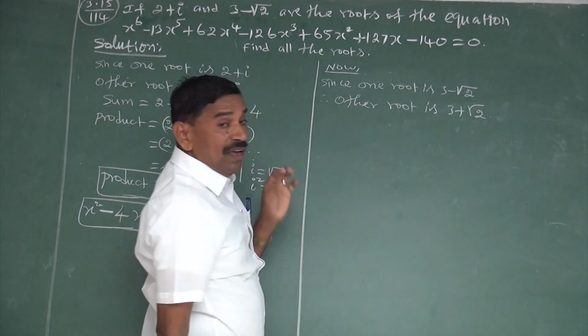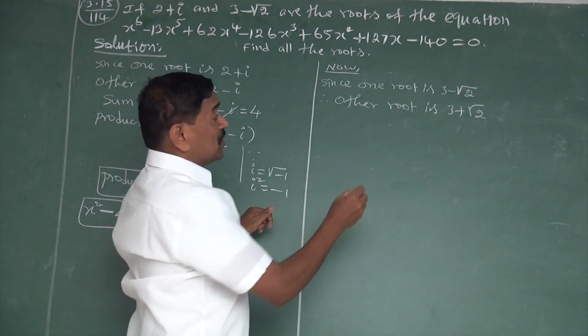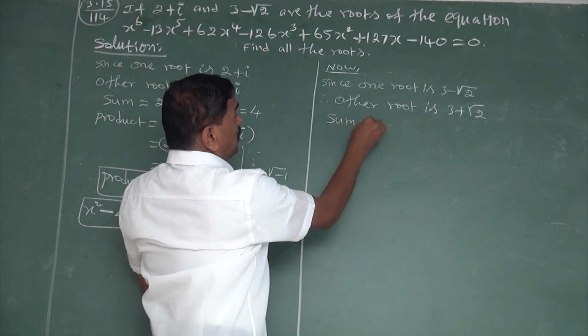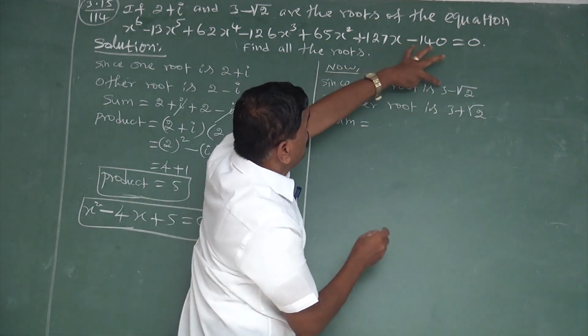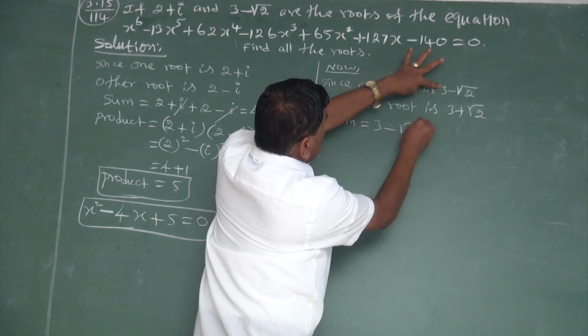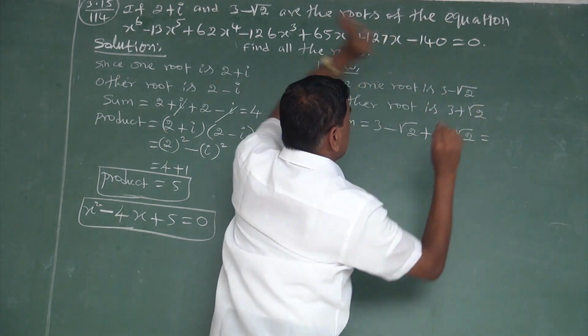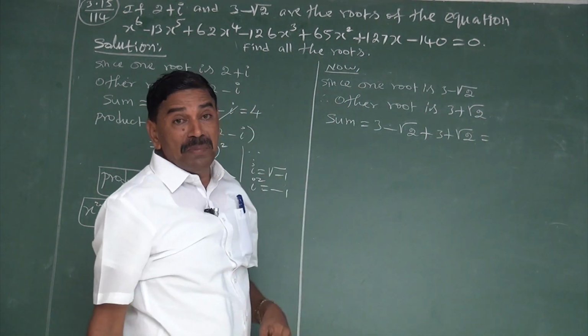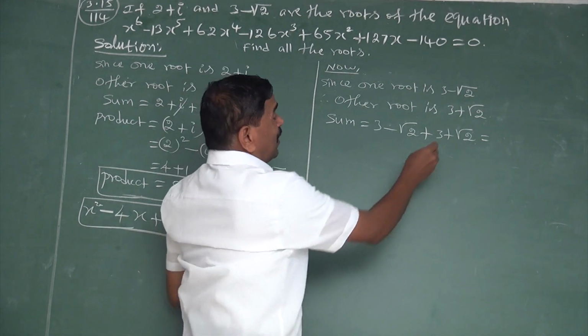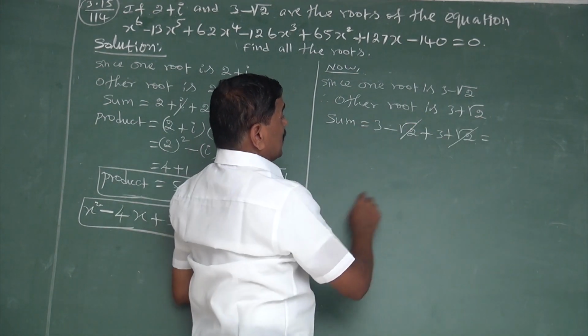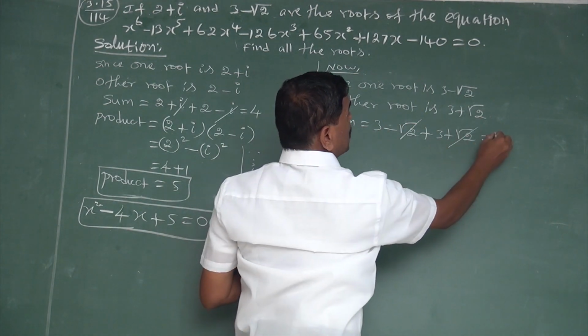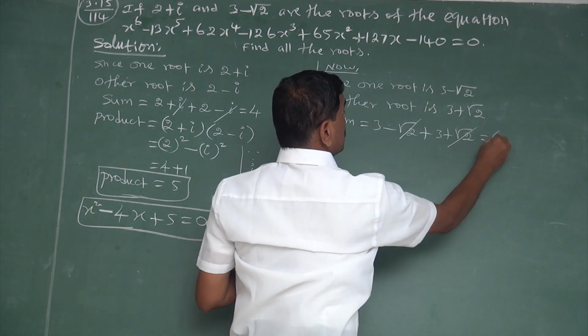Similarly, how to find the sum of the roots? The sum of the roots is 3 minus root 2 plus 3 plus root 2. Any idea for simplification? Good. Plus root 2 and minus root 2 cancel, then 3 plus 3 is equal to 6. So the sum of the roots is equal to 6.